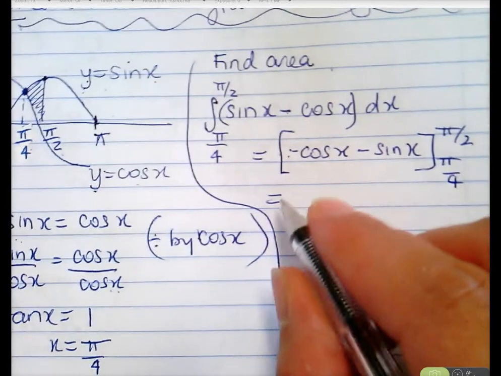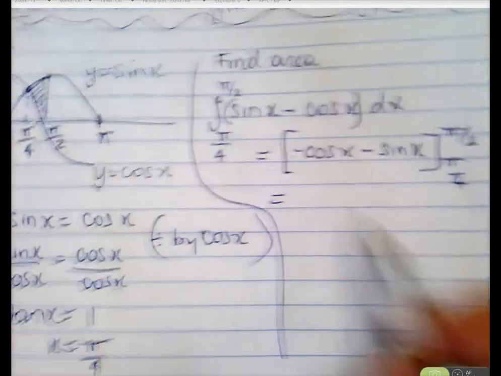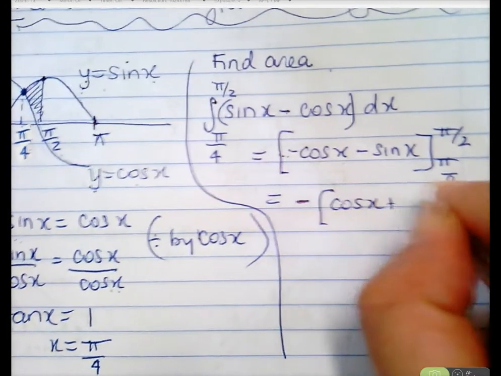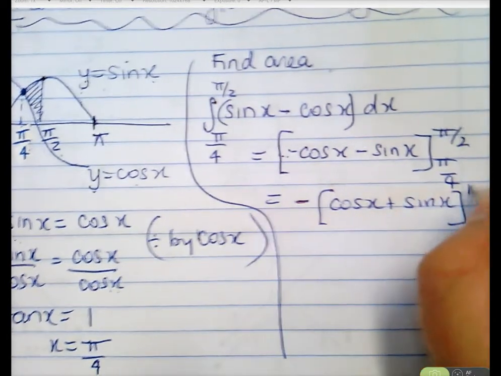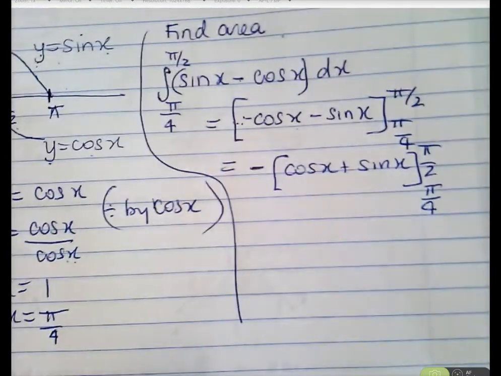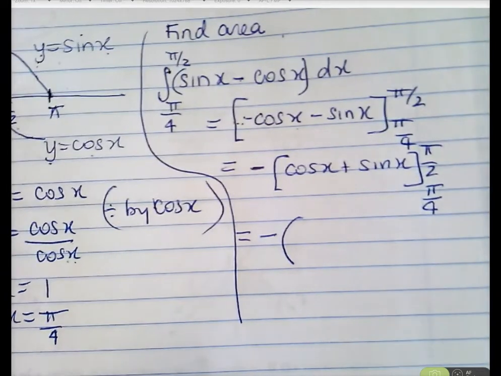Pull the negative out, unless you want to be doing negative, negative, negative, negative, negative. See how they're both negatives? Isn't that negative, cos x plus sine x, between pi on 4 and pi on 2? Yes or no? So keep it out the front and you'll have a much better time substituting.